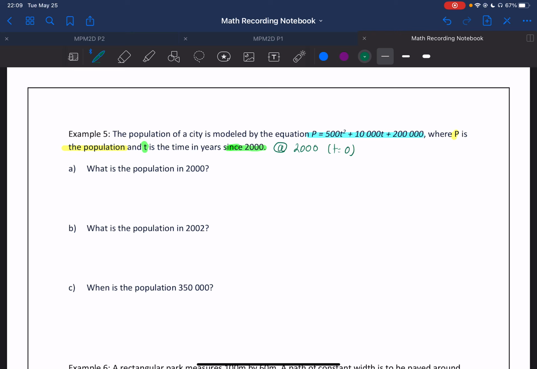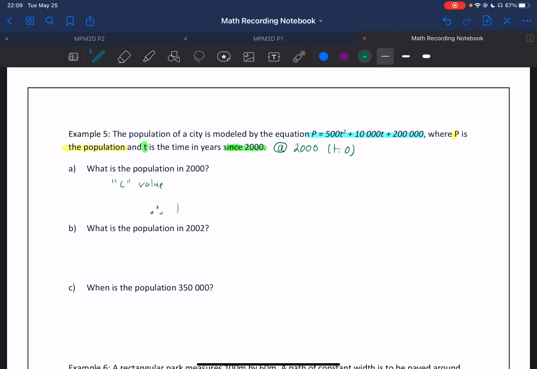The first question is asking us, what is the population of 2000? That is our initial population. That is our y-intercept of our quadratic function. That is our C value. And our C value is 200,000.